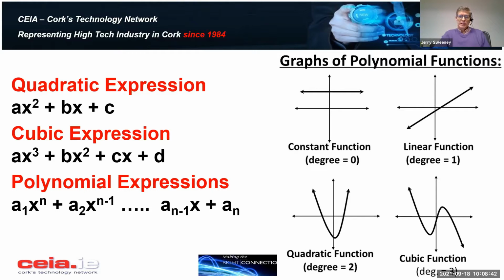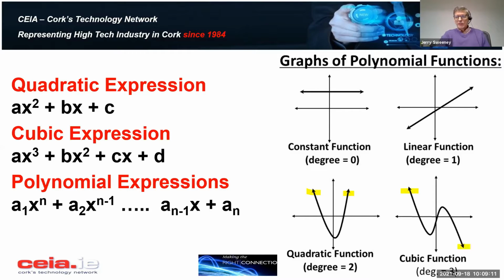So if we take this quadratic, you can see that both sides are going in the same direction. If you have an odd degree, then they will go in different directions.